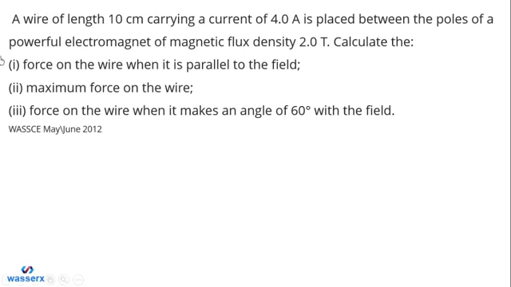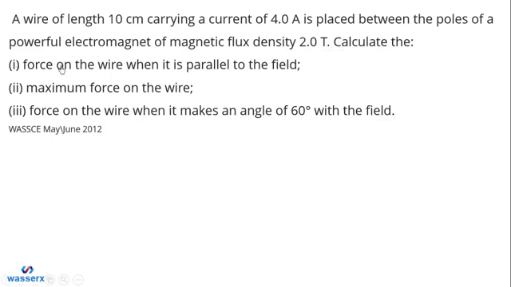Then we have this one too, also from WASSCE May/June 2012. A wire of length 10 centimeters carrying a current of 4.0 amps is placed between the poles of a powerful electromagnet of magnetic flux density of 2.0 Tesla.